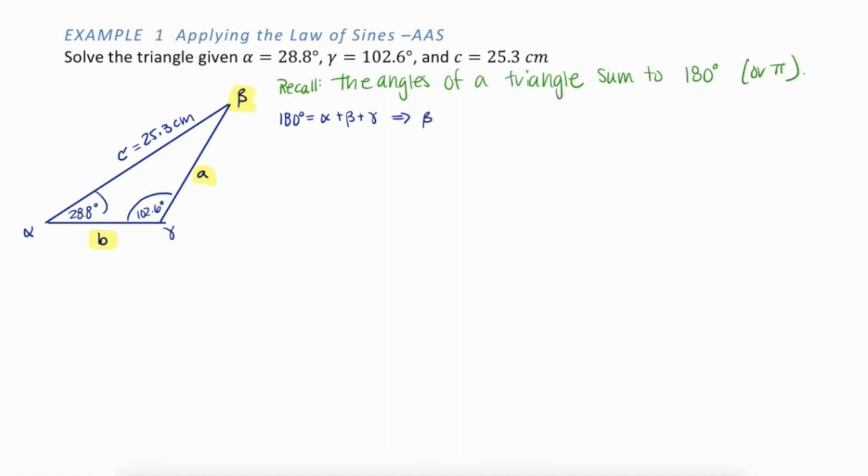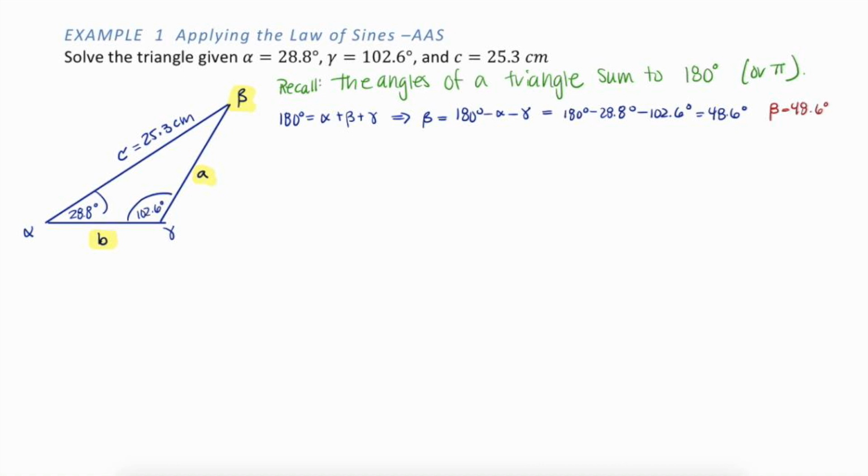This means that beta equals 180 degrees minus alpha minus gamma. And we know what alpha and gamma are. Alpha is 28.8 degrees and gamma is 102.6. Using your calculator, you should end up with 48.6 degrees. So beta equals 48.6 degrees.